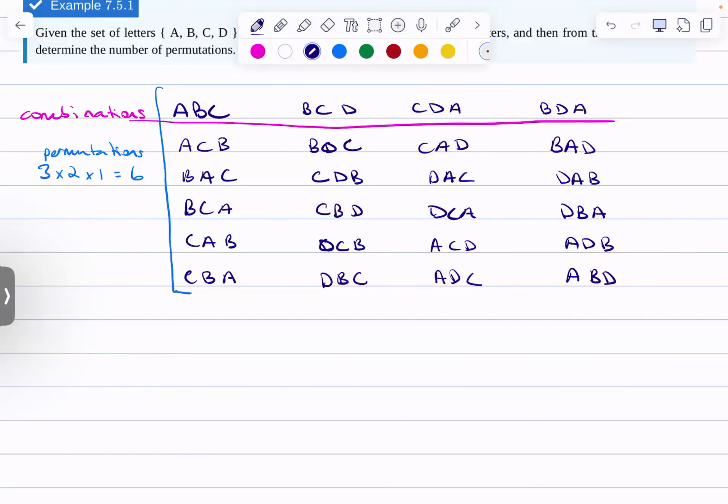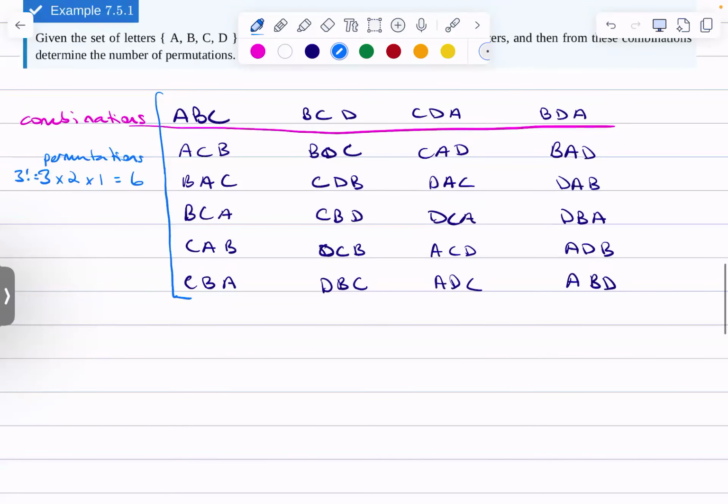So this, we established that 3 factorial is how we could summarize that. 3 factorial is 3 times 2 times 1, and so there are 3 factorial permutations. My apologies. Which means that there are 4 times 6 different permutations.